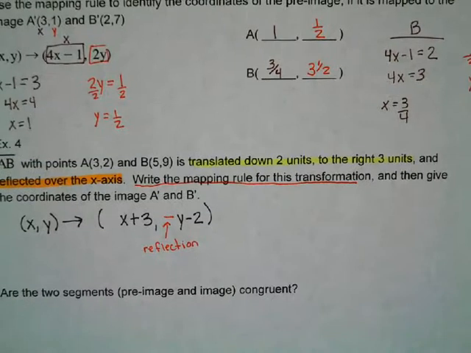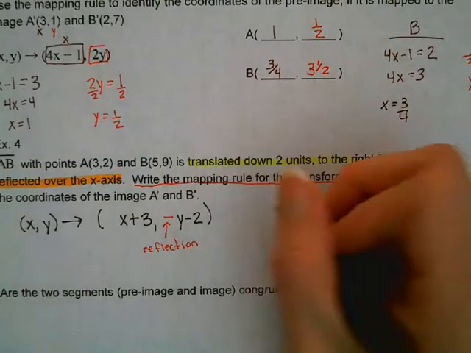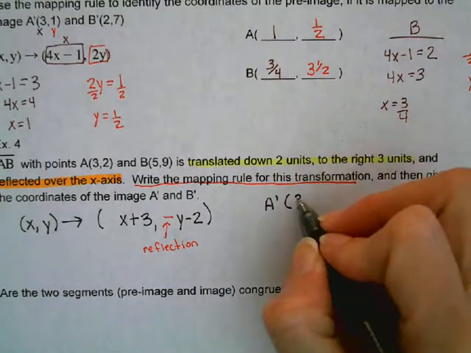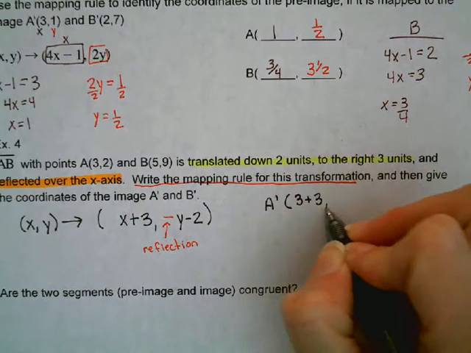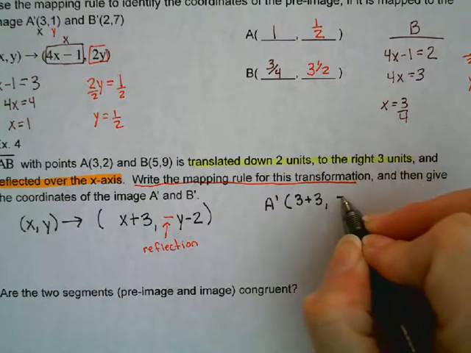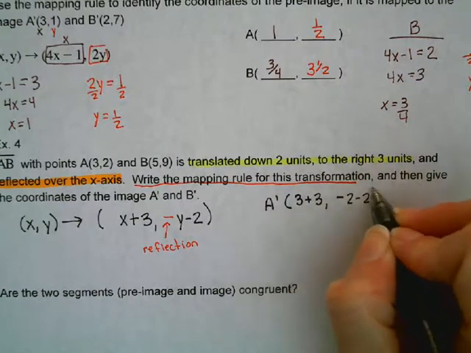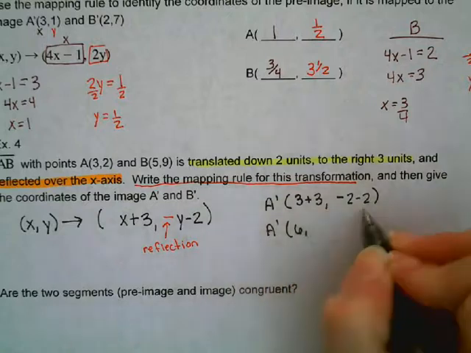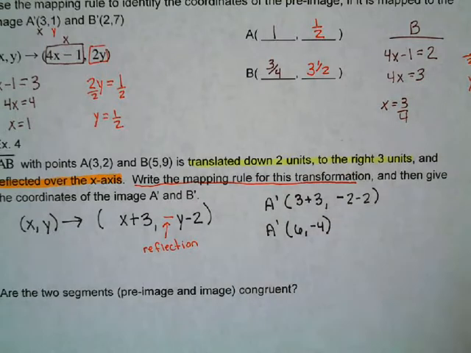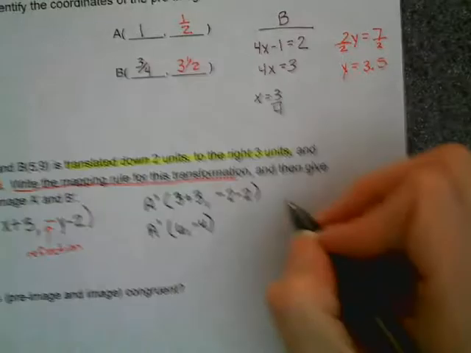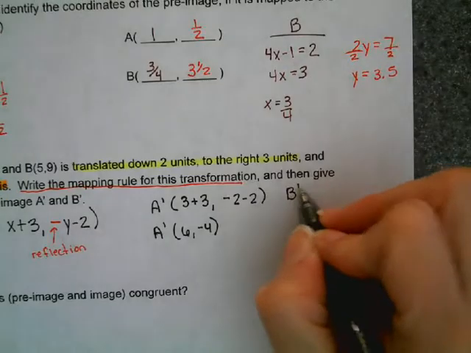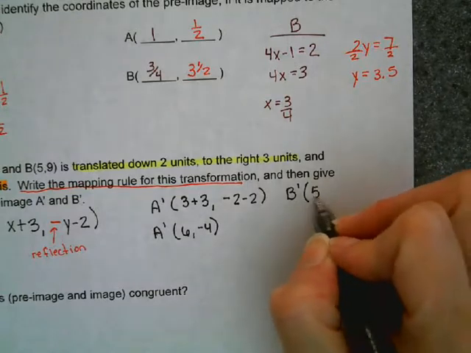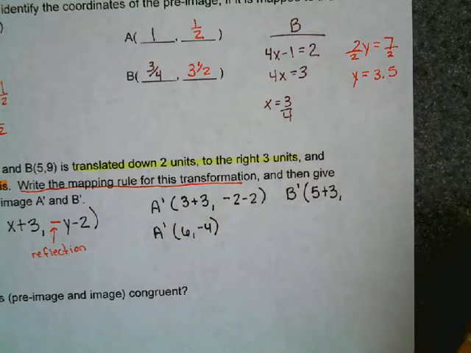Now use your rule that you've written, then give the coordinates of the new image. Okay? So let's see, we're going to use our point. The new A would be 3 plus 3, and then negative 2 minus 2. The new A value would be 6, negative 4. Okay, now let's do the B value.